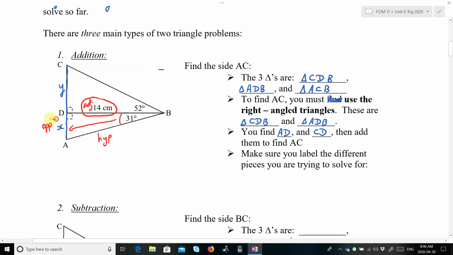Okay, so we have the adjacent and we're looking for the opposite. And if we write down SOHCAHTOA, which trig ratio deals with opposite and adjacent? That's tan. So I would go tan of 31 degrees is equal to the opposite, which is x, divided by the adjacent, which is 14, and solve that for x.